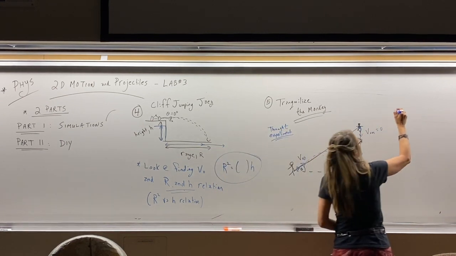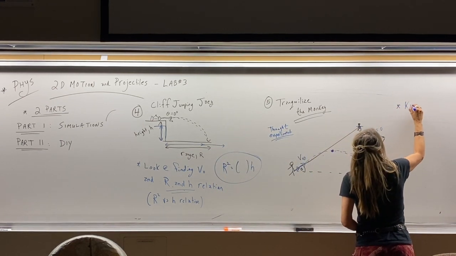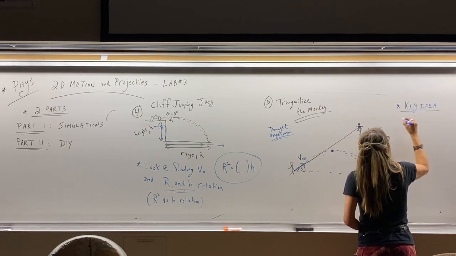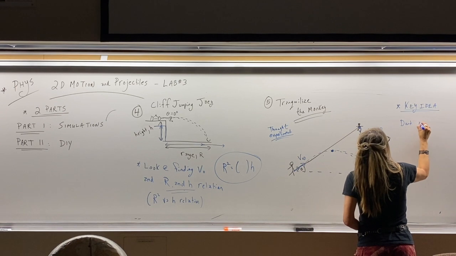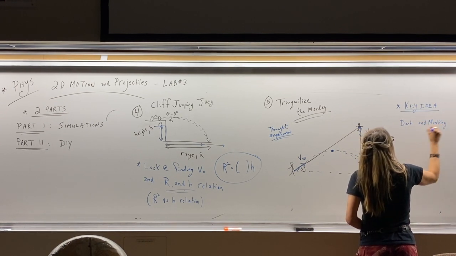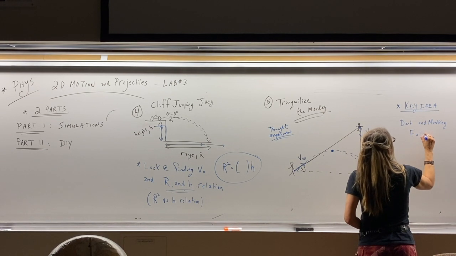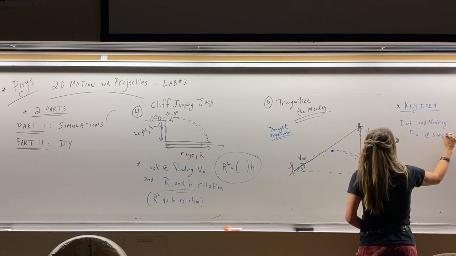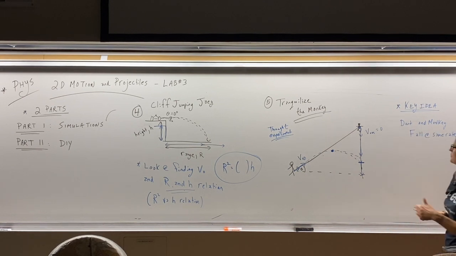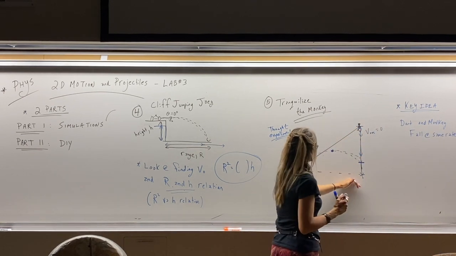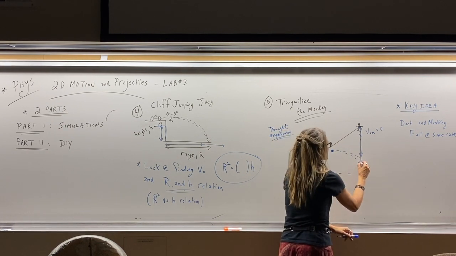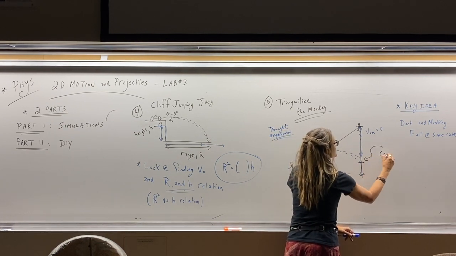So a key idea is that the dart and monkey fall at the same rate. Of course, we're ignoring air resistance. So the monkey's going to start falling as the dart starts falling, and we want them to collide here. This is their point of collision.